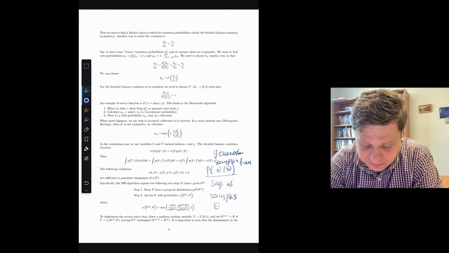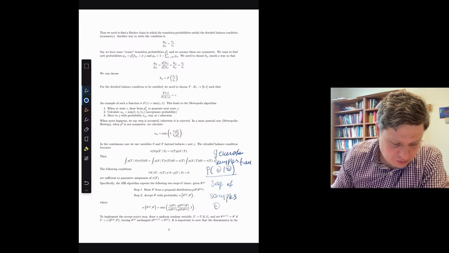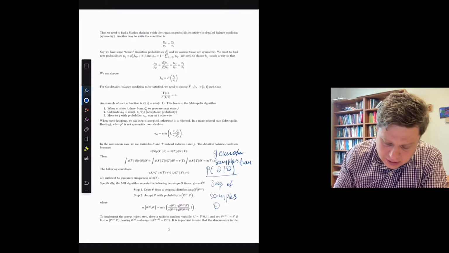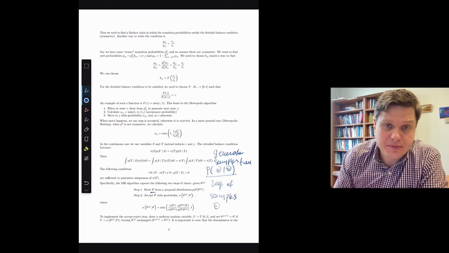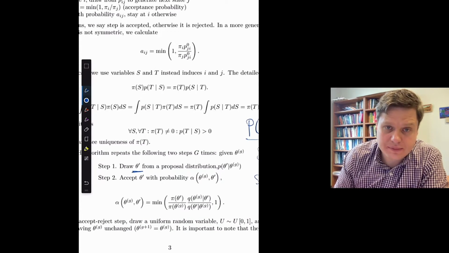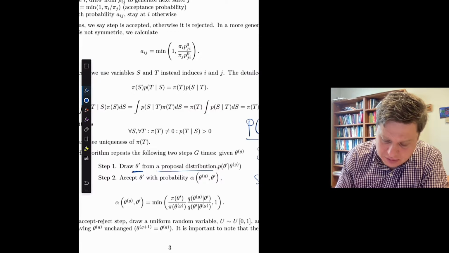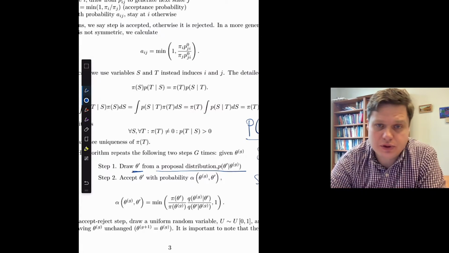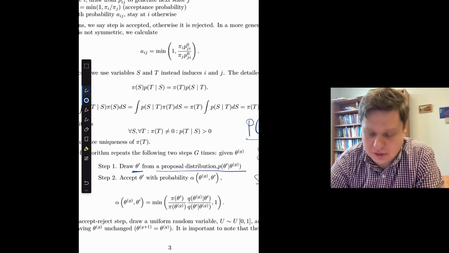And Metropolis Hastings does it in the following way. So we start by drawing what we call theta prime from some proposal distribution, and we're going to call it p of theta prime given theta g.